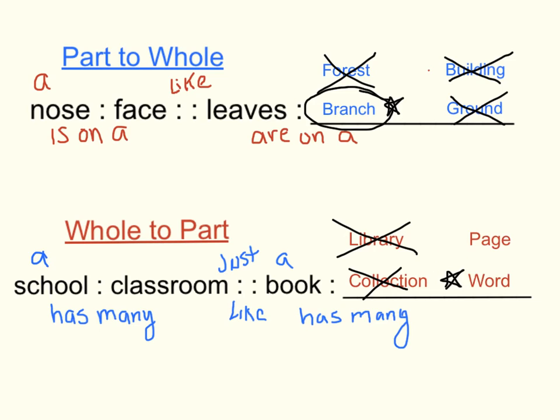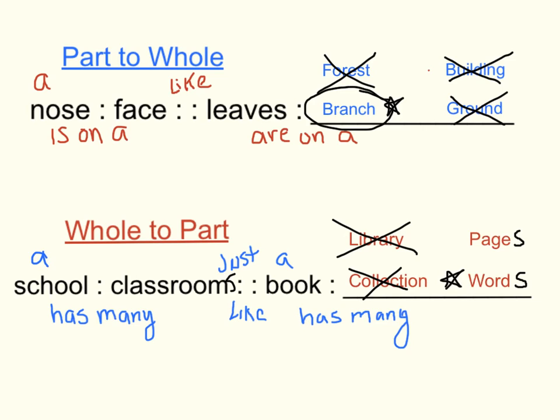And you notice I've made some of these plural, like I'm saying classrooms, and I'm saying pages, and I would have said words. The reason I'm doing that is it helps my bridge sentence make more sense, and it helps me understand it a little bit better. So back to this.